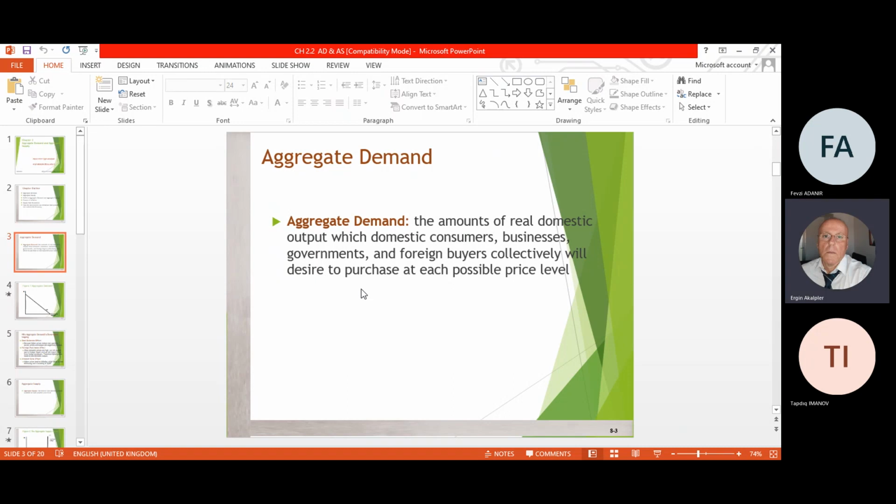If there is inflation in the market, consumer welfare is supposed to be affected and reduced. And vice versa is also possible. Aggregate demand is positively affected if the price level is going downwards. And this is important to know.